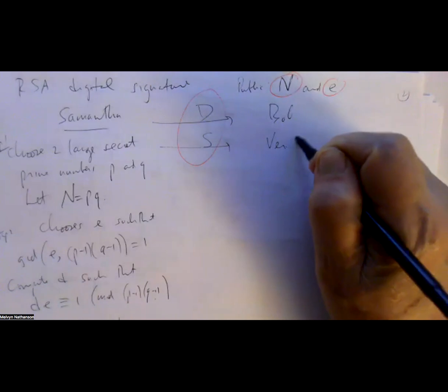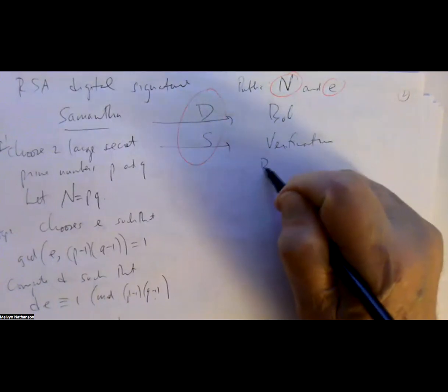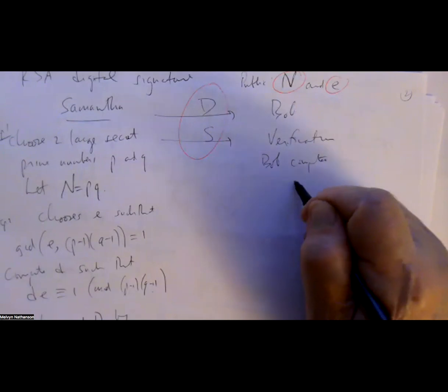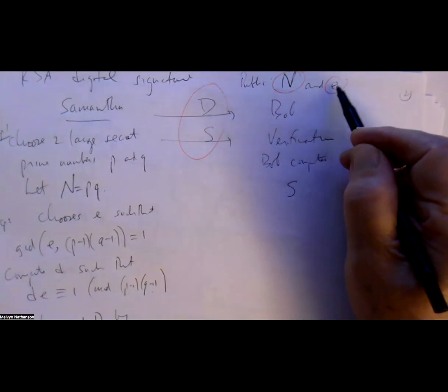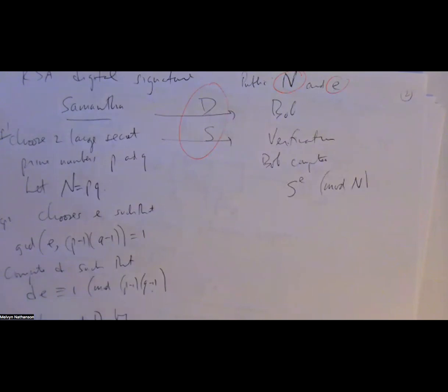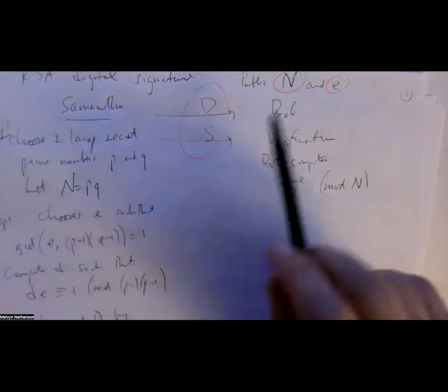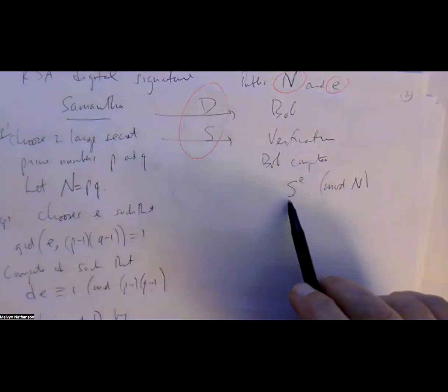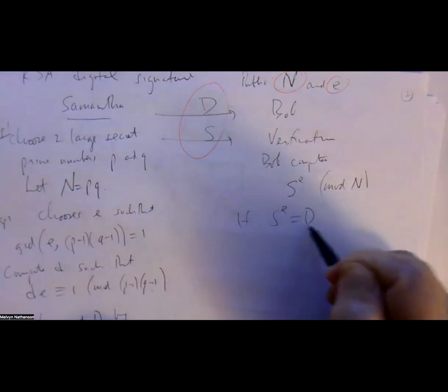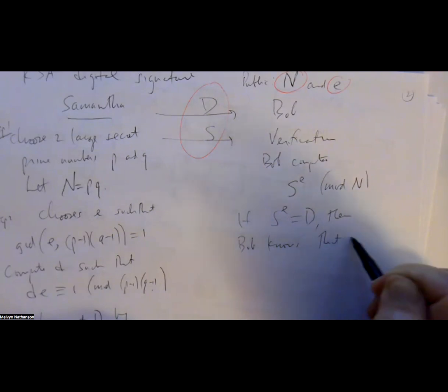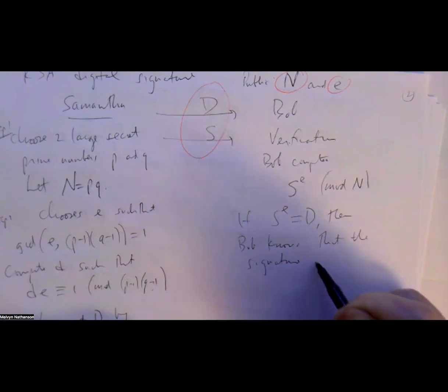Bob computes S, the signature, raised to this public key E, and computes it modulo N. Bob has N, Bob has E. He gets D and S. He takes S and raises it to the power E. And if S to the E equals D, then Bob knows that the signature is valid.